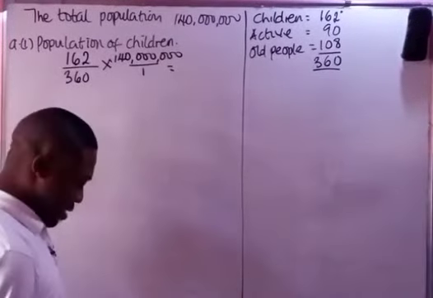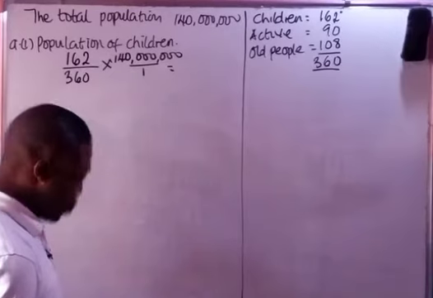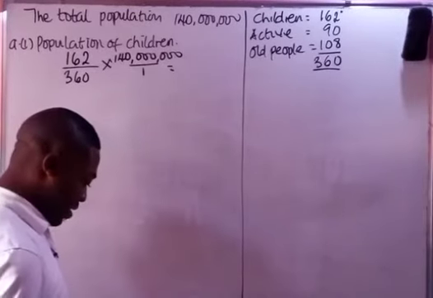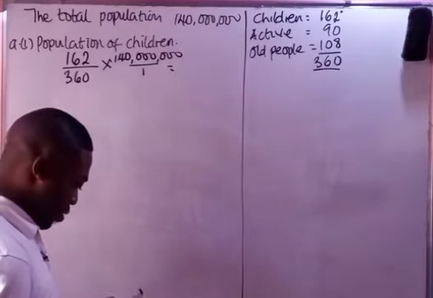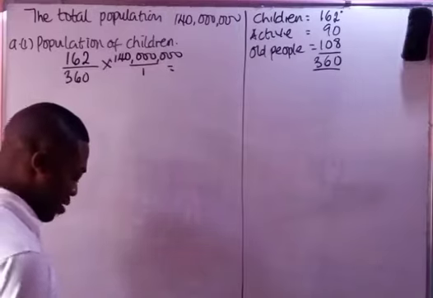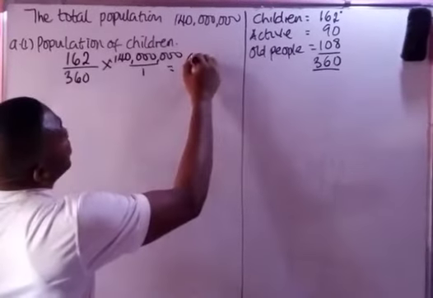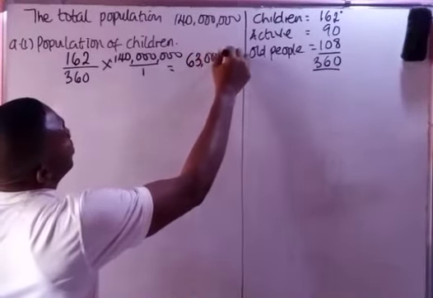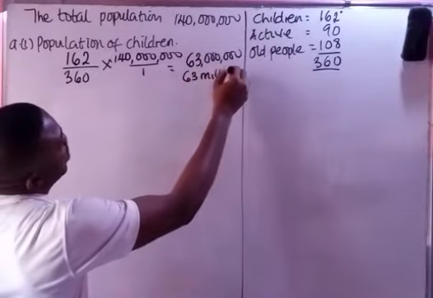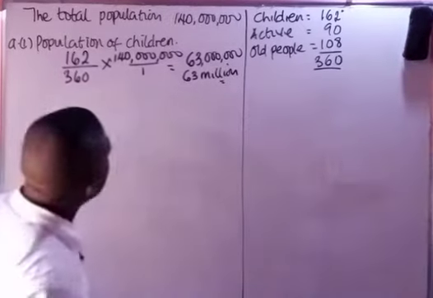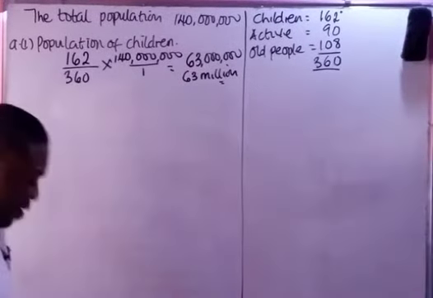So if we do that, we'll have 162 divided by 360 times 140 million, so we'll have 63 million. With the 63 million, that's the population of children. So that's the first one.